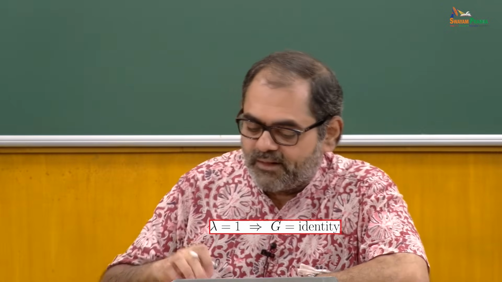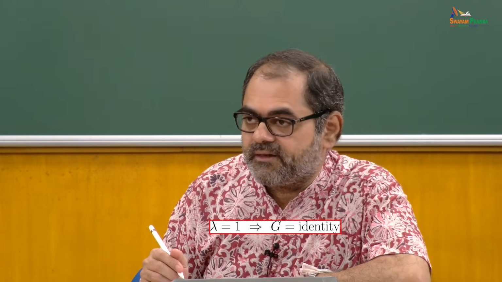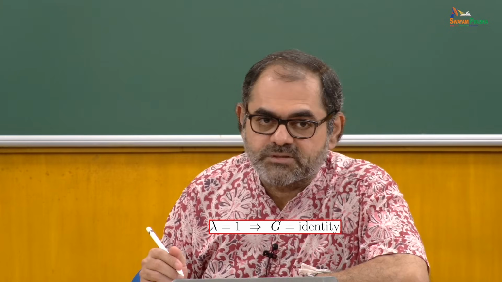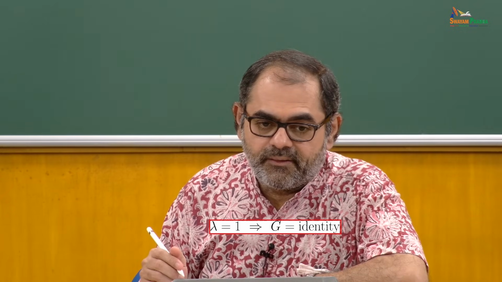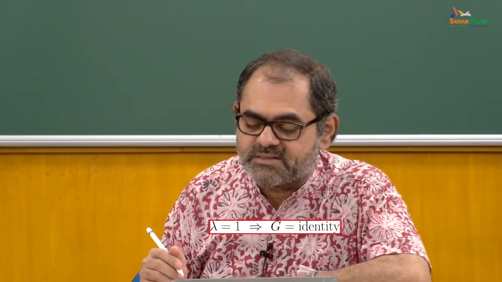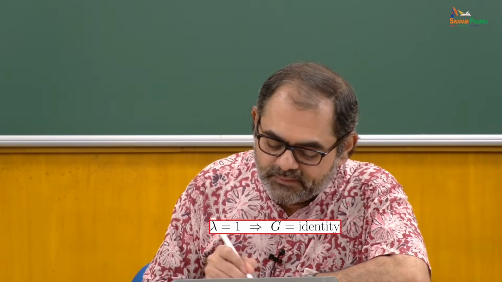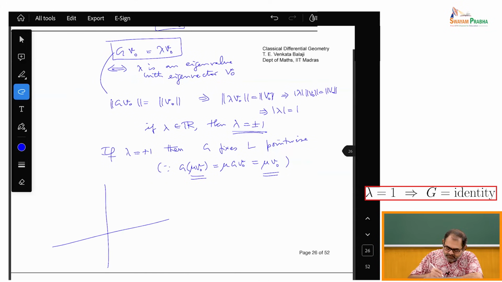Now look at this. I want to now say that this is not possible, unless G is the identity. So you have this situation: a line that is pointwise fixed by G. You take any mu v naught, then this is also G of mu v naught.